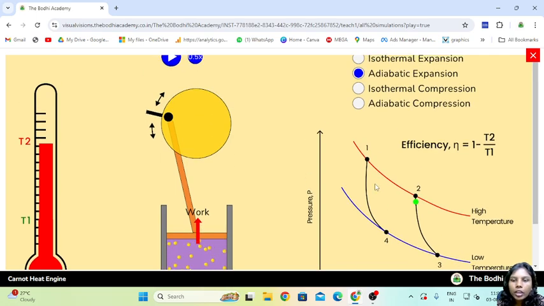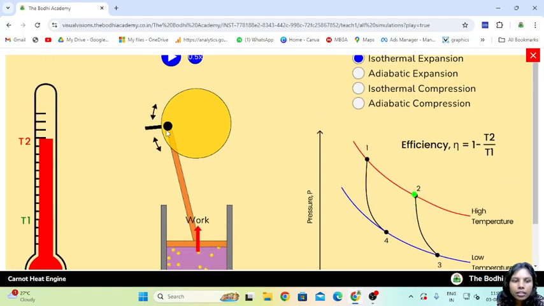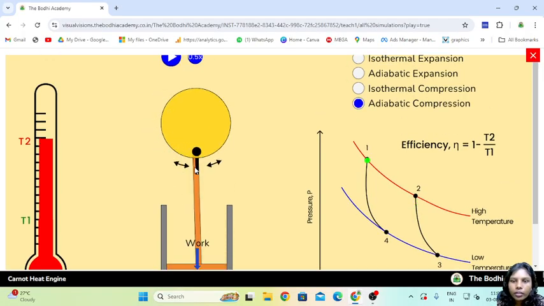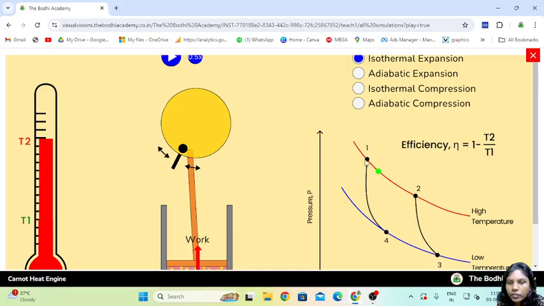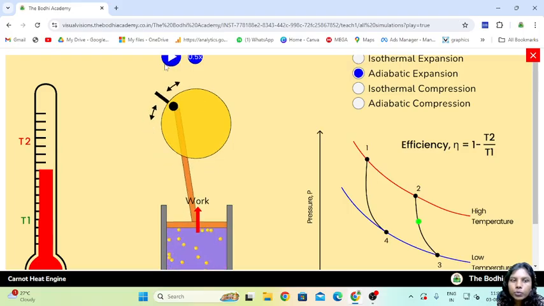Next, you can also see here that, let's go back. From 1 to 2, when we are at high temperature, the pressure is very high and the volume is low. Next, when it continues, we go to the next stage, that is the adiabatic expansion.